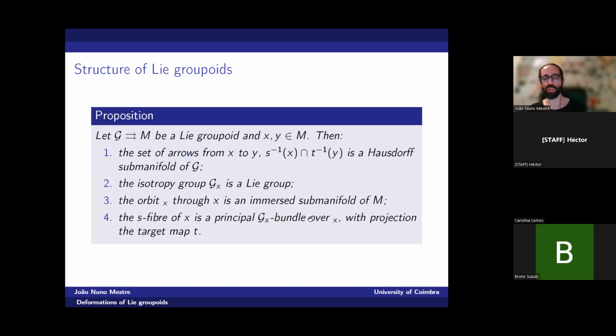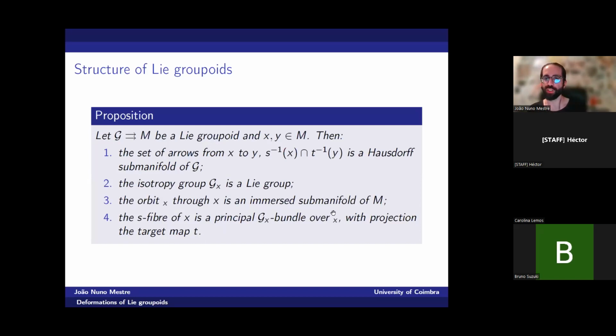There's a little more structure, but we won't really need it. But let me tell you at least that the fiber via the source map of any point is always a principal bundle with structure group the isotropy group, and the projection is the target map onto the orbit.